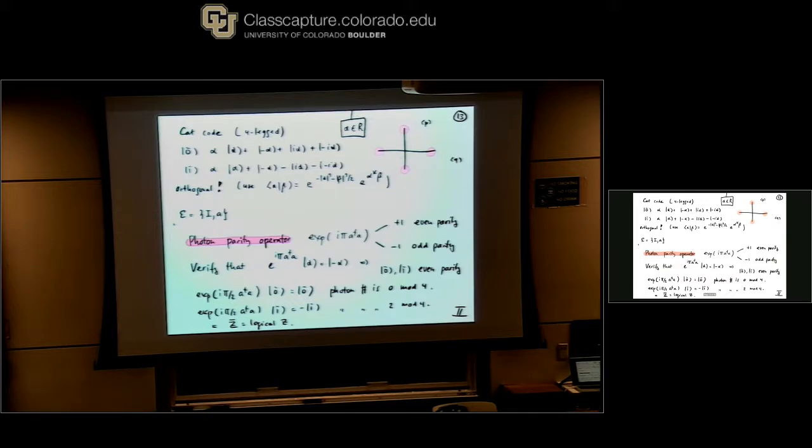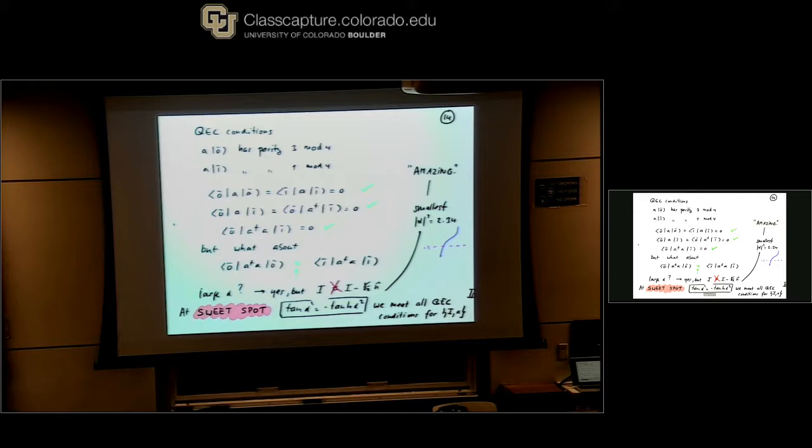So for large alpha, you definitely meet the quantum error correction conditions, but that's not really the right limit, because for large alpha, I said the error operators are identity or A. And why could I do that? Well, really what I have physically is the identity minus this back action part.